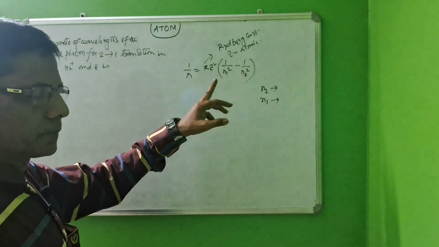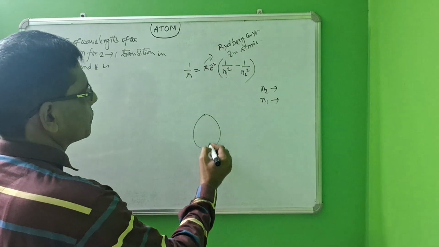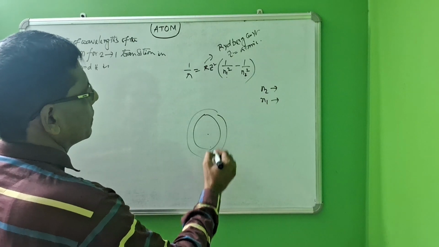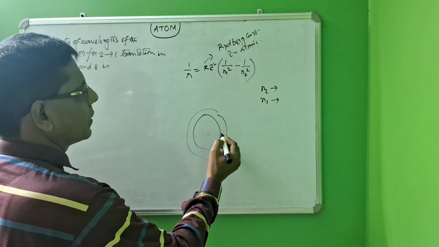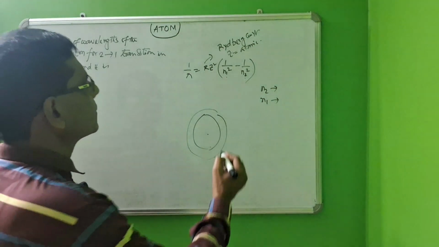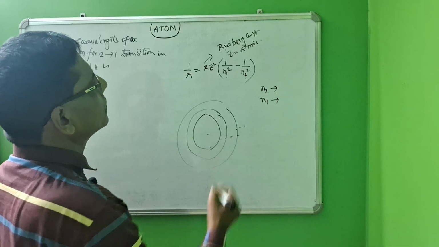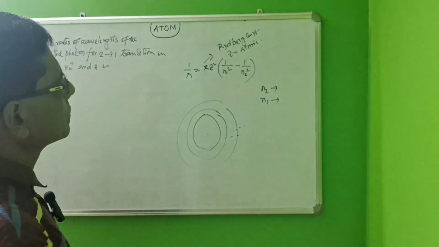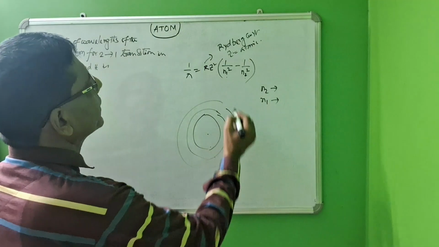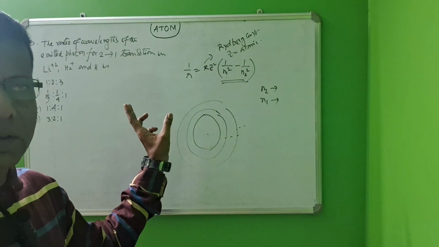When the electron jumps from the lower orbital state to the upper orbital state, from n1 to n2, we get this result. It will be calculated in the next problem.